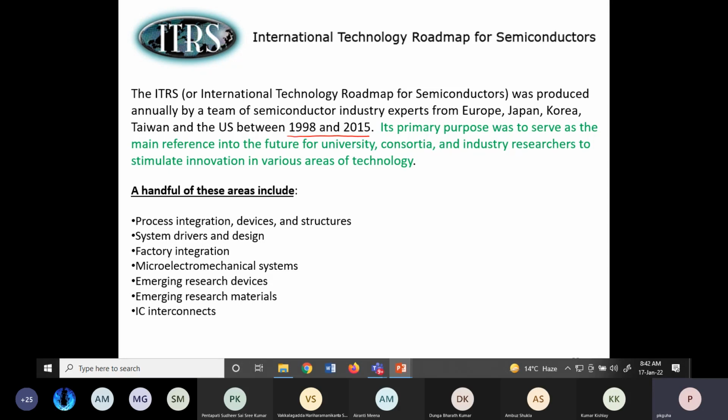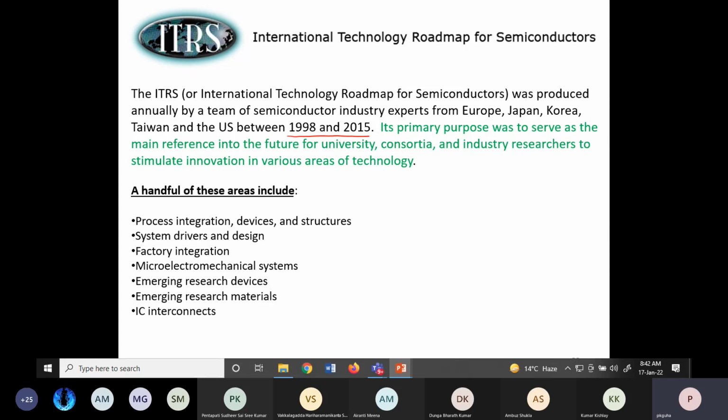Although it's not only about Moore's law, as the industry has been following Moore's law from 1965, 1970s, they thought that we should have an organization which will basically tell us the present status, as I said, and also the future requirement, the future direction of semiconductor industry or nano electronics progress.